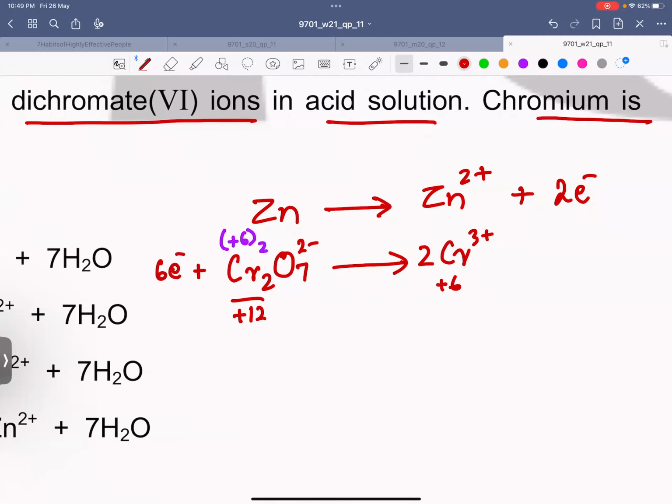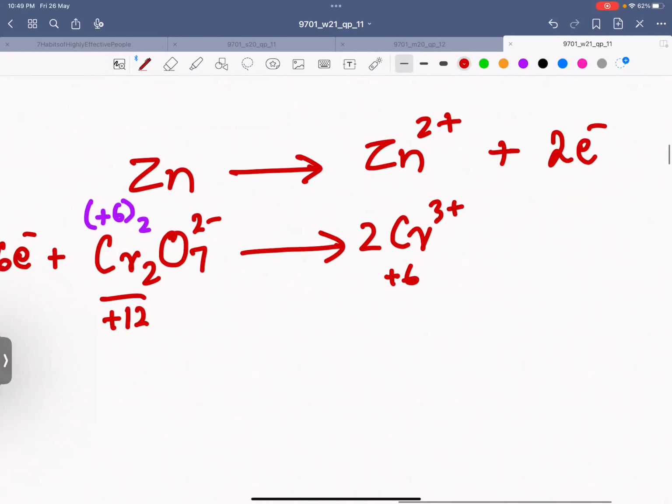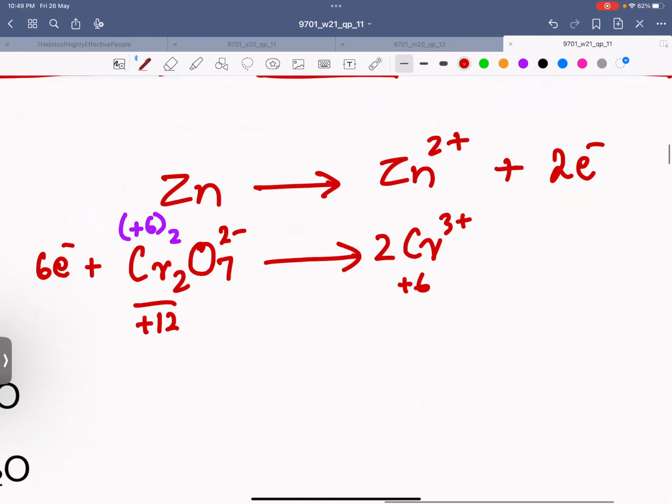Is this understandable to everyone till here? Dichromate is gaining 6 electrons and 1 mole of zinc is releasing 2 electrons. Is this part understandable to everyone? Yes. So what I need to do is balance the electrons.